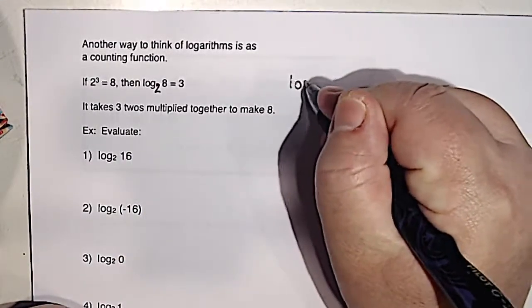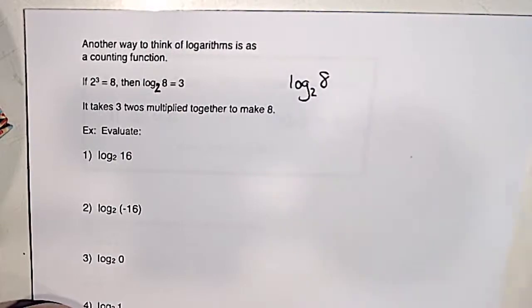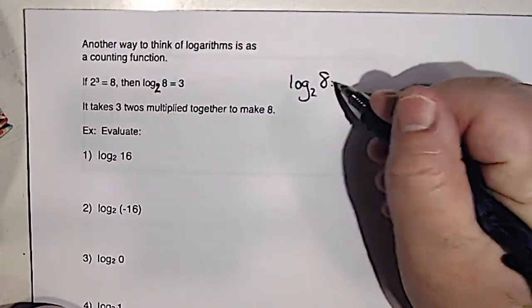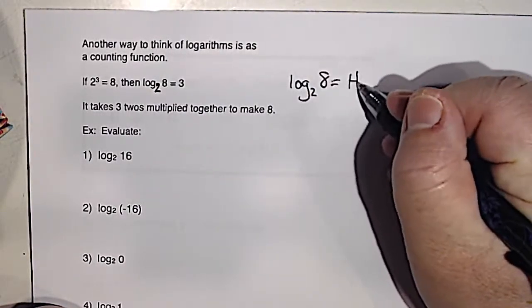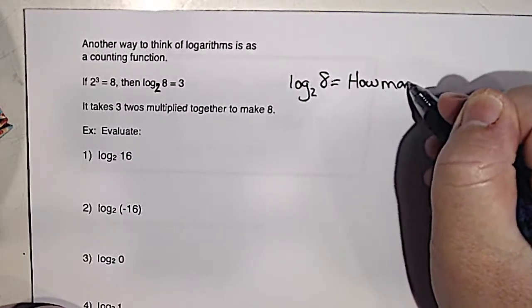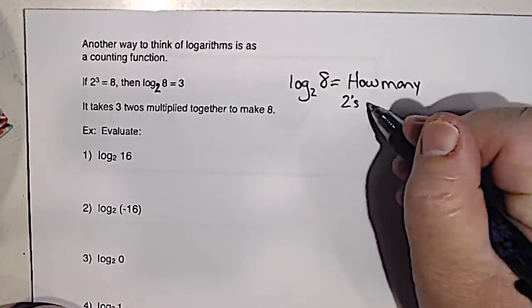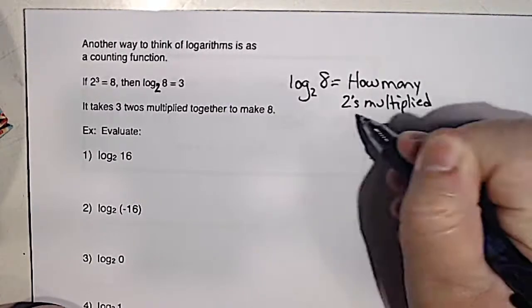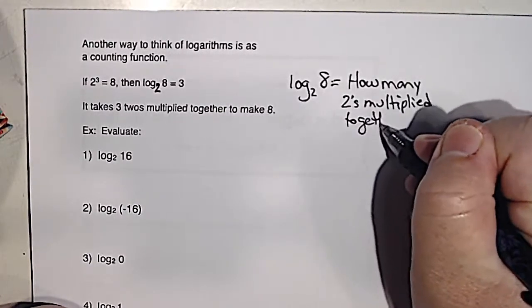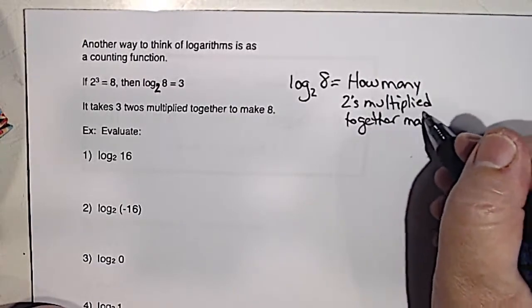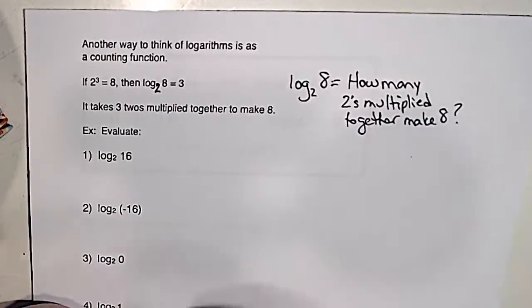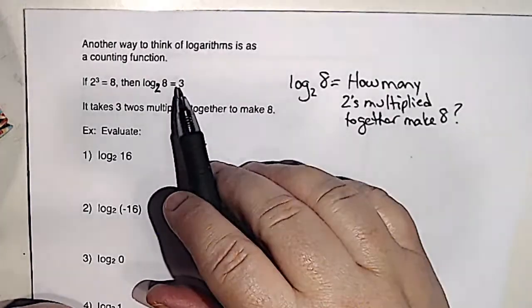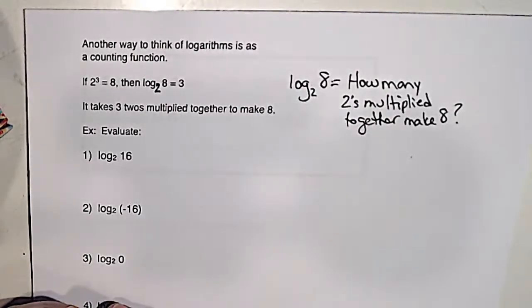So log base 2 of 8 asks the question, how many 2's multiplied together make 8? And the answer is 3. So let's approach logarithms this way.